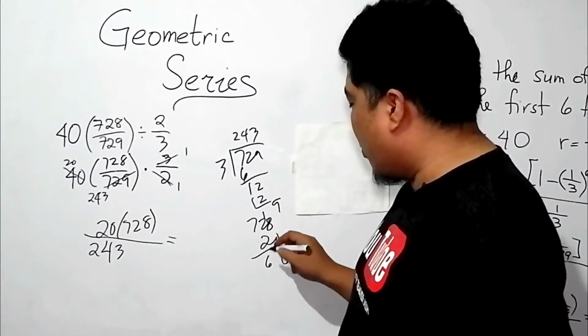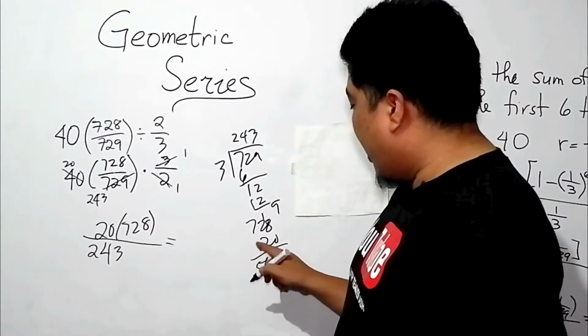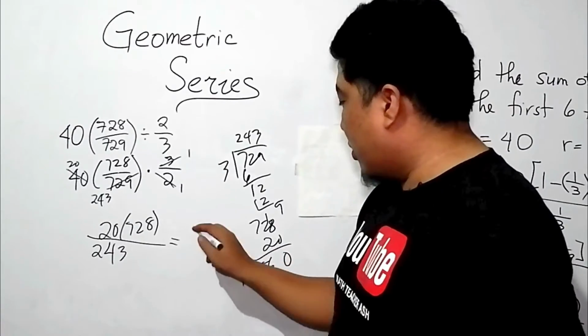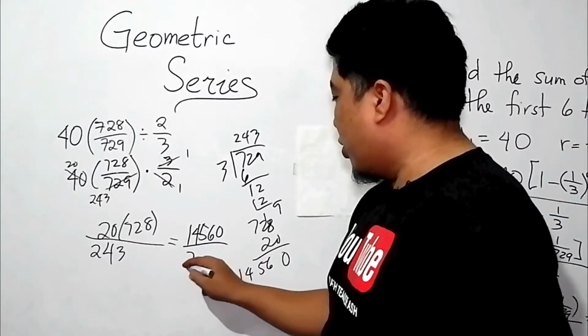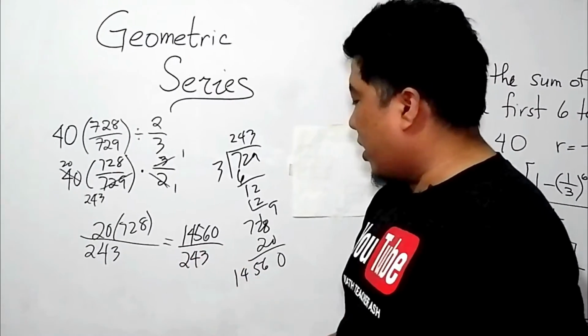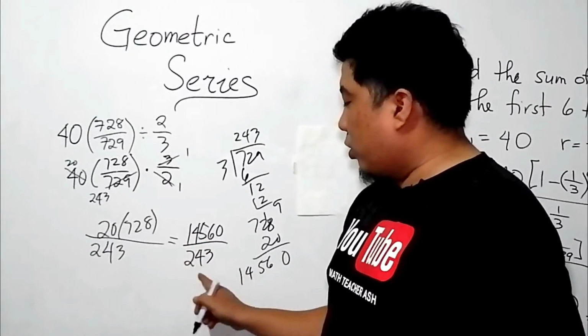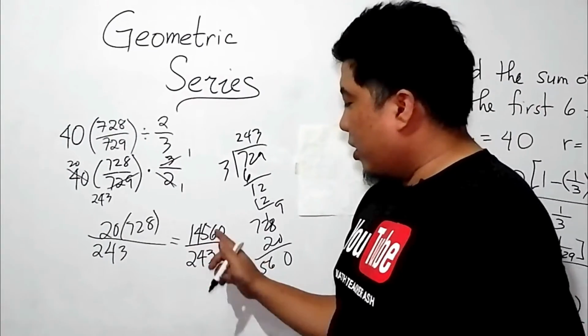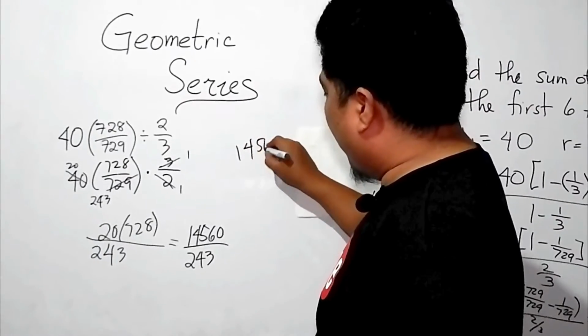So that is 14560 over 243. Now, the question is, is this divisible by 3? Because we all know that 243 is divisible by 3, right? So, let's check whether this is divisible by 3.